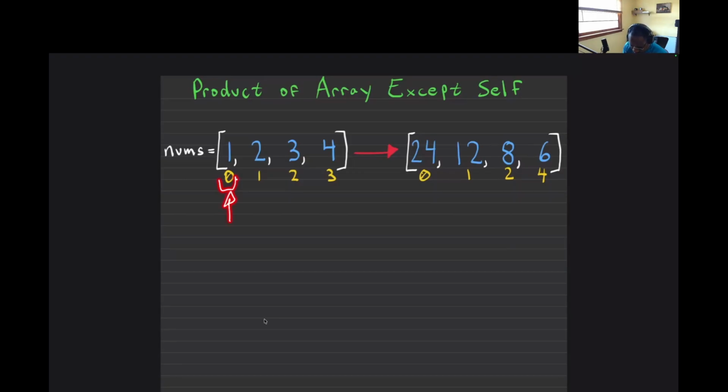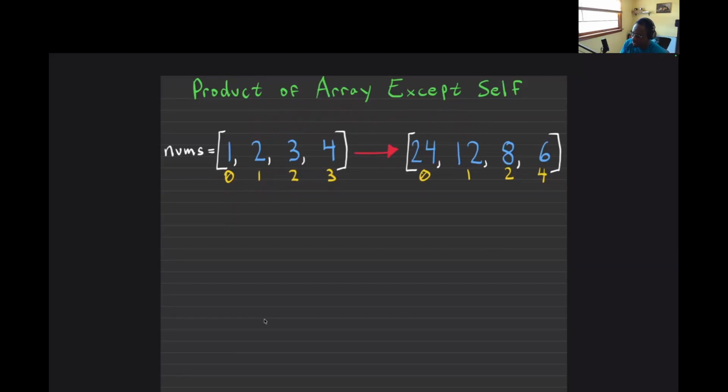So all the other numbers here are 2, 3, 4 times each other. So 2 times 3 times 4 gives us 24, okay? And then we move on to here, right? All the numbers, 3 times 4, and then times that 1 gives us 12, and so on.